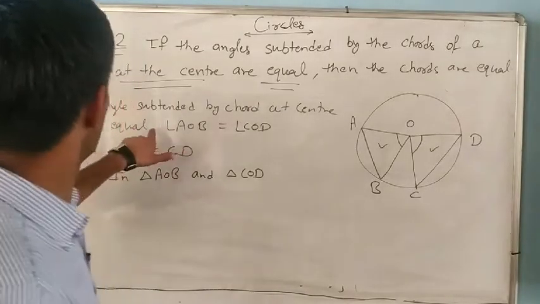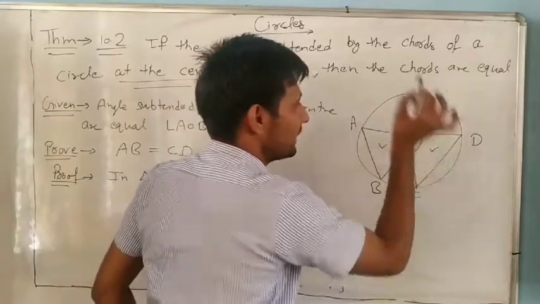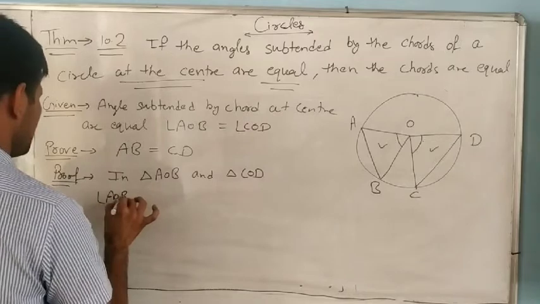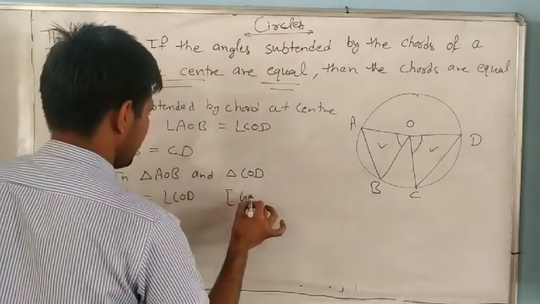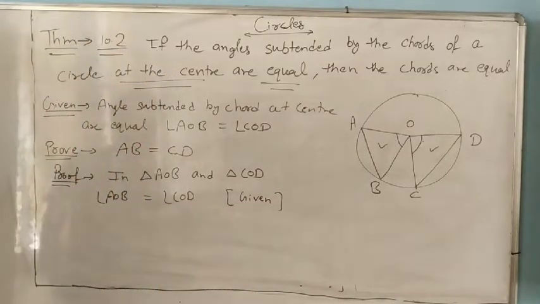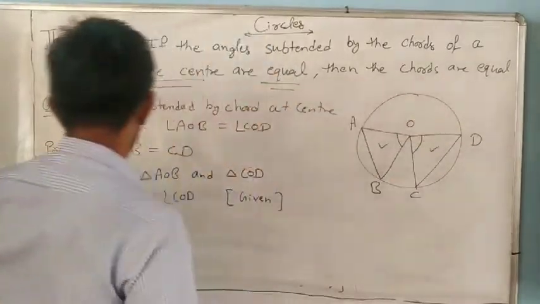First, what is given? Angle AOB equals angle COD. This angle and this angle are already given equal. So write angle AOB equals angle COD. Next, what is again equal? AO equals OD. Why?